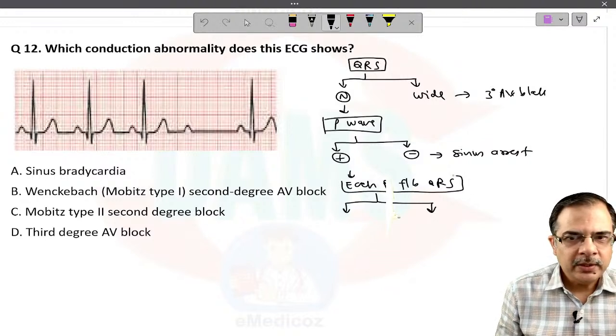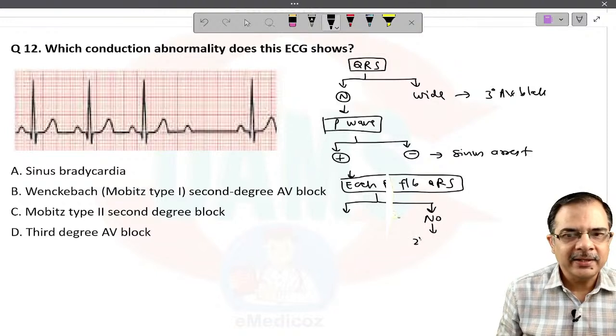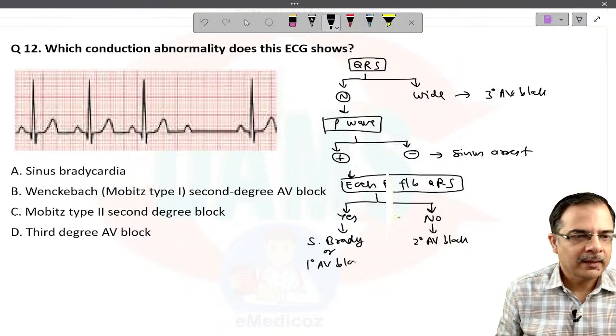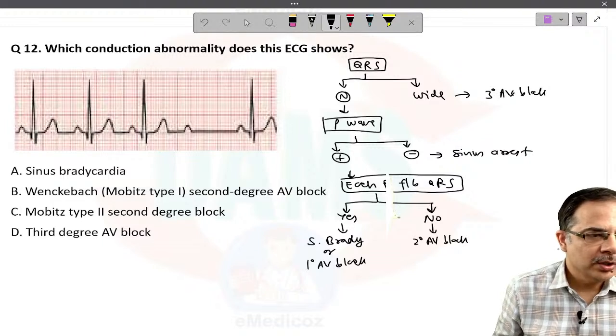If the answer is no, then it is second degree block. If yes, it can be sinus bradycardia or first degree AV block.